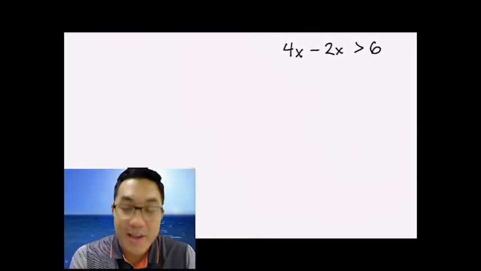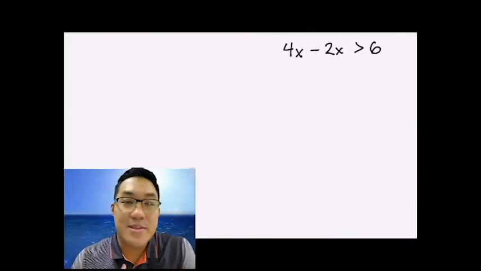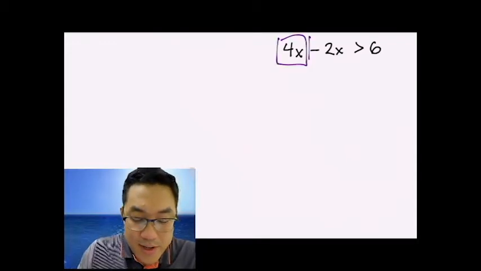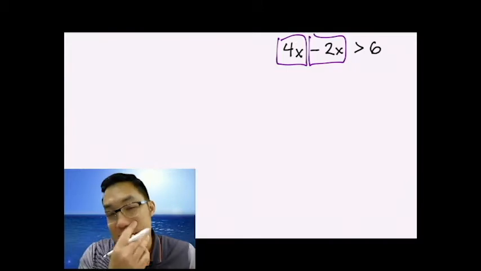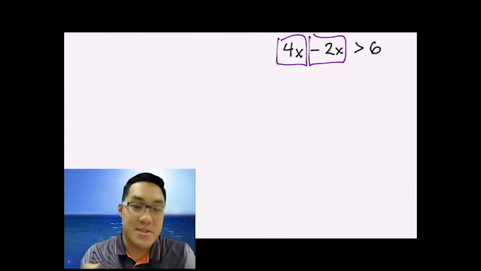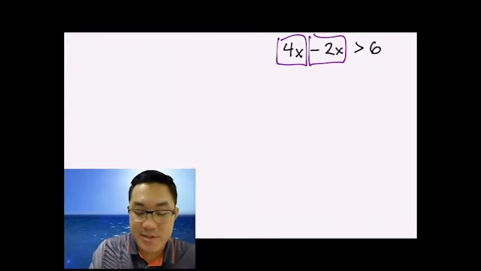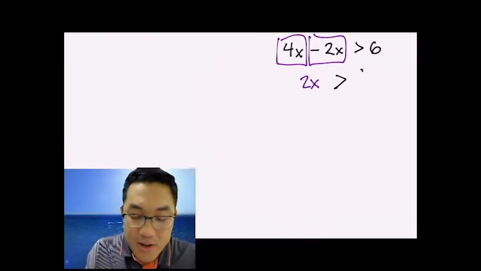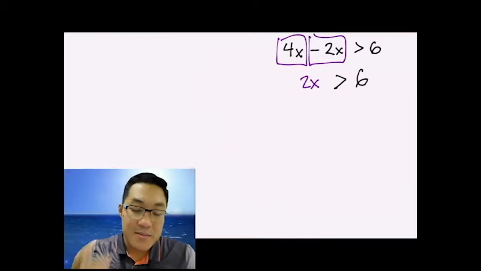Nothing weird happens. Okay, so another problem here. Let's solve this. So I've got 4x minus 2x. It looks like I've got to combine those. Nothing to distribute, no parentheses, but let's combine those. 4x minus 2x gives us 2x greater than 6. Solve like normal.